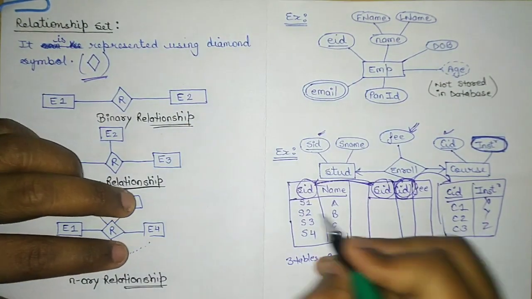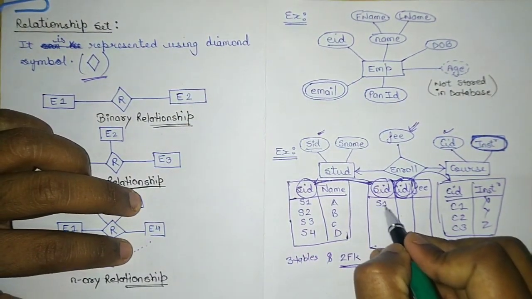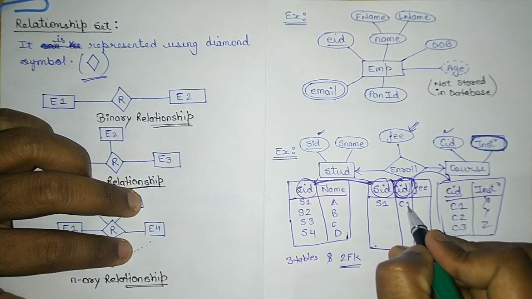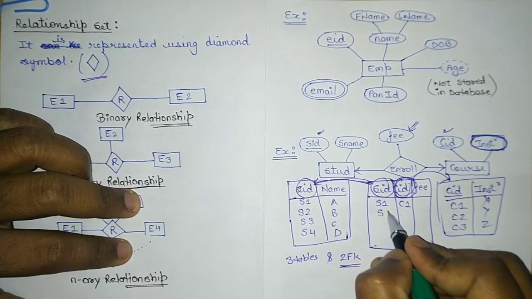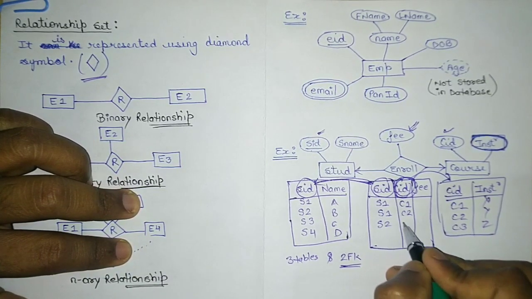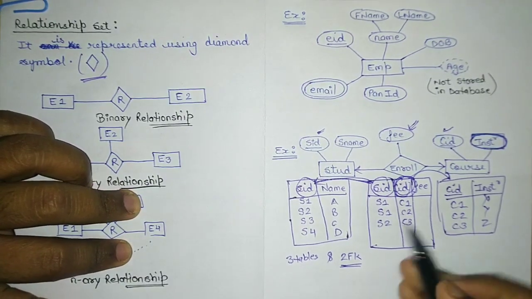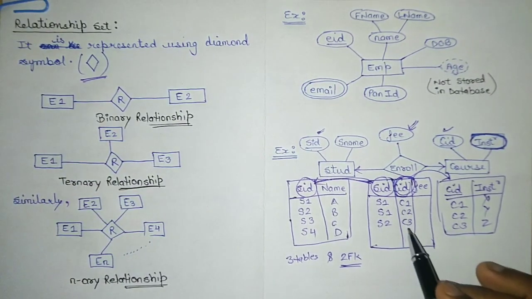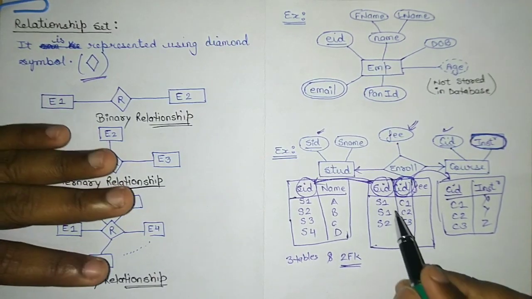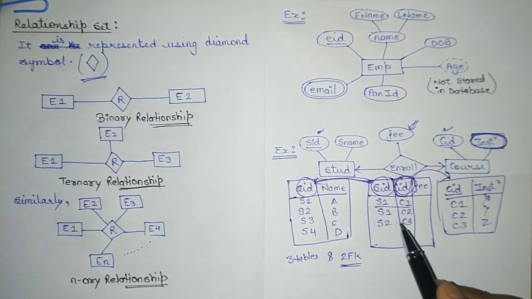Now see, if I'm having S1 here, this S1 has to be related with some other one. So you can see S1 is enrolled in C1, S1 can also enroll in C2, and S2 can enroll in C3. So here you can see that this SID and this CID are not unique individually. So can we say that the complete SID and CID together will be treated as a key?